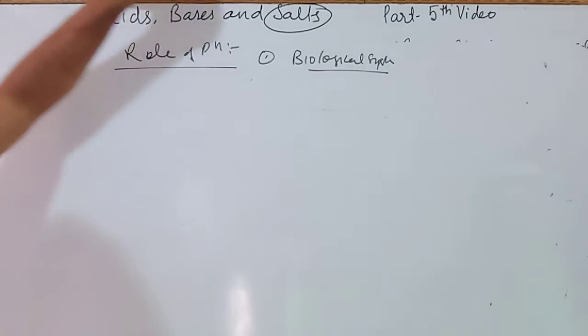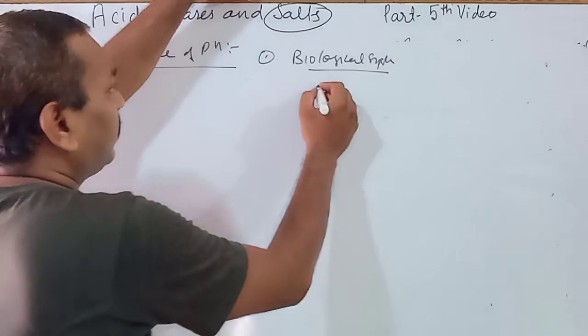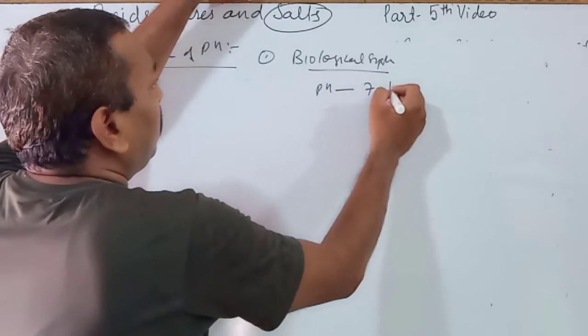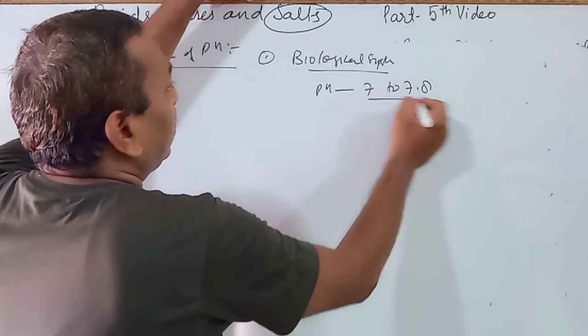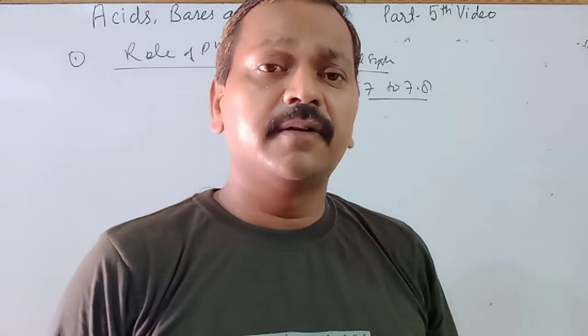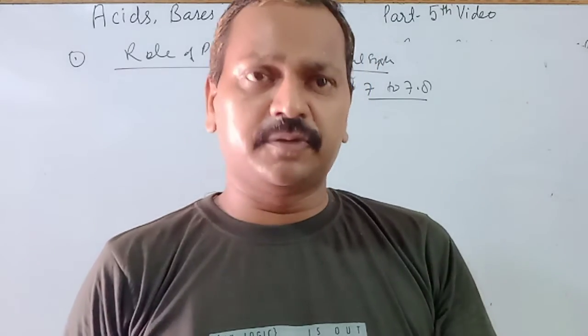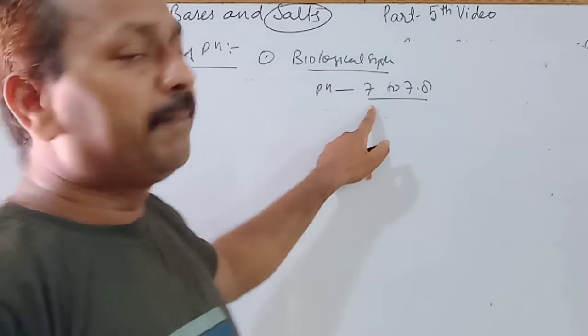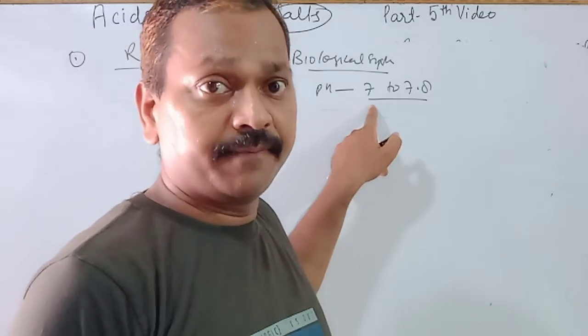As we all know, a pH range of 7 to 7.8 is good for the health of plants and animals both. So at this level, plants and animals both can survive.